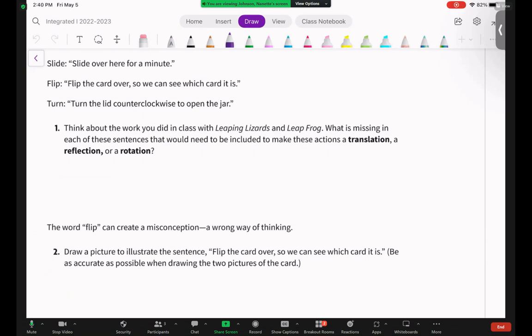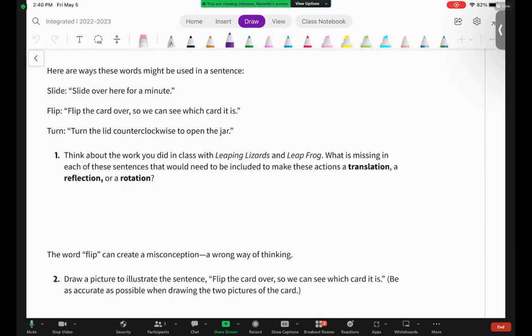But in leapfrog, when you translate something, you need more information, right? Because if I told you to move over here, a translation would be more specific, like move 4 units to the right, something like that. So the problem with the words slide, flip, and turn is mathematically they're not precise enough.